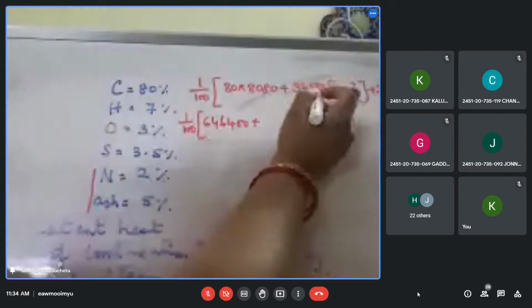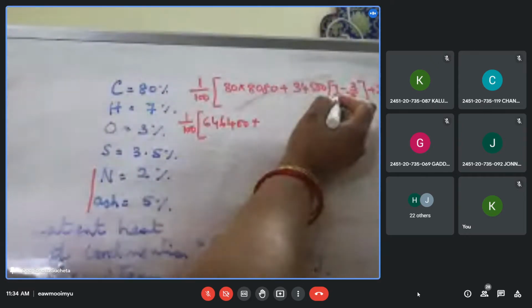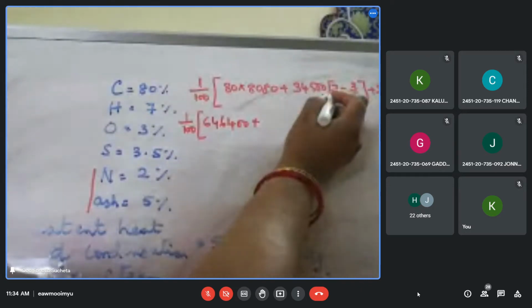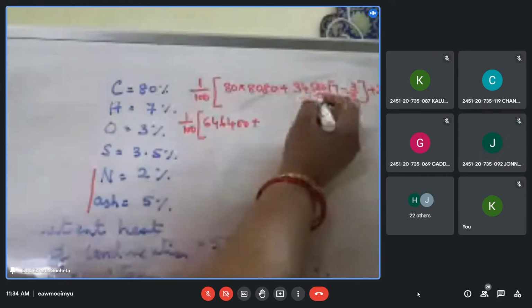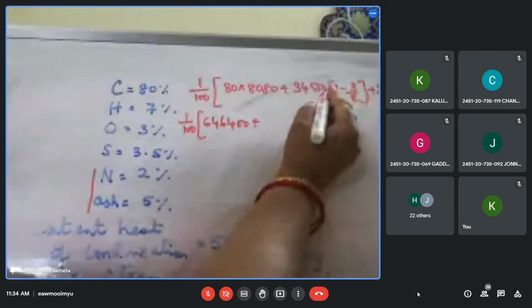Plus, how much is this? Taking LCM 8, 56 minus 3 is 53 by 8. What is 34,500 into 53 by 8?